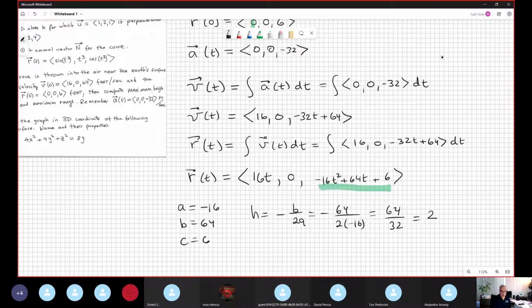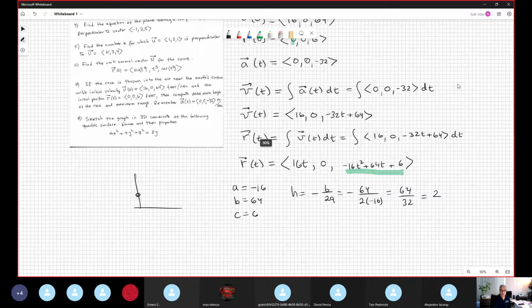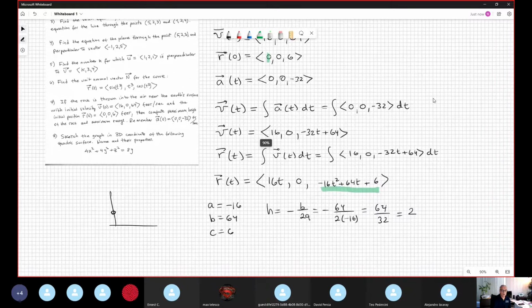So basically our parabola, by the way, starts at 6. We are doing the sketch in 3D. This is x, this is y, this is z, and our parabola, I don't know exactly, but we can do it in algebra if you want.